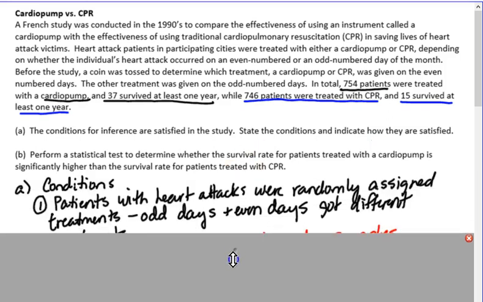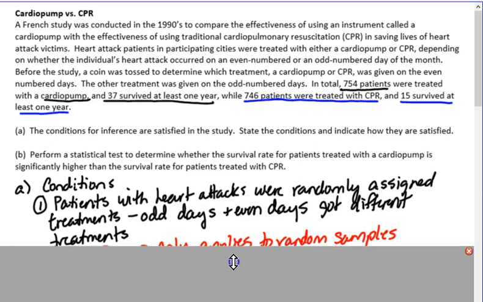So the conditions. Patients with heart attacks were randomly assigned treatments. Odd days and even days got different treatments. Okay, so there was a random selection about which group of days, odd days or even days, got different treatments.